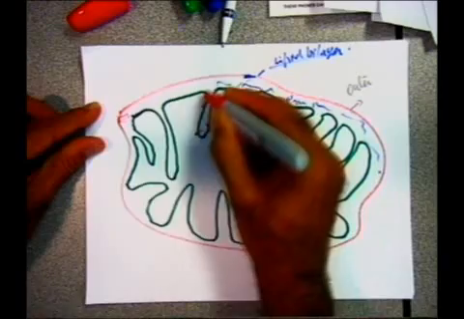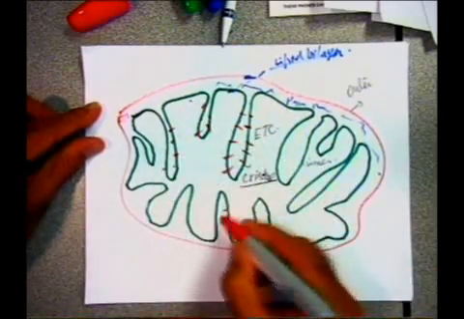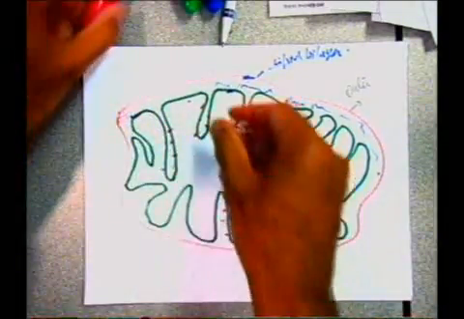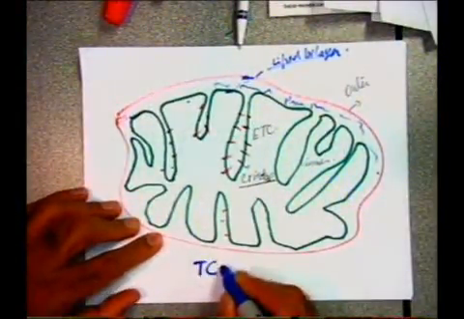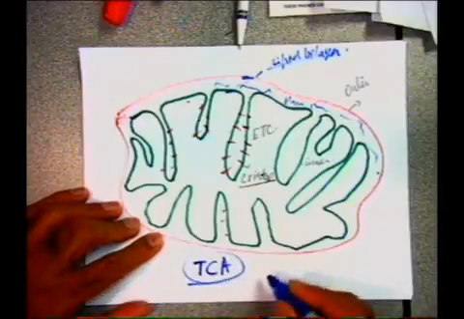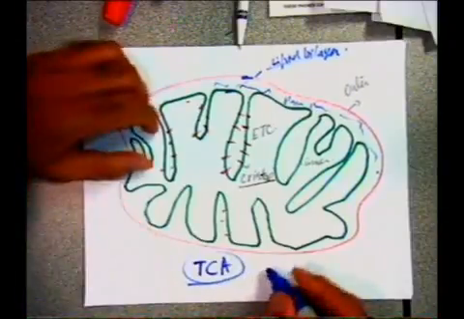I put the red line with this here. So this inner membrane is responsible for highly intact TCA cycle enzymes, tricarboxylic acid cycle enzymes.